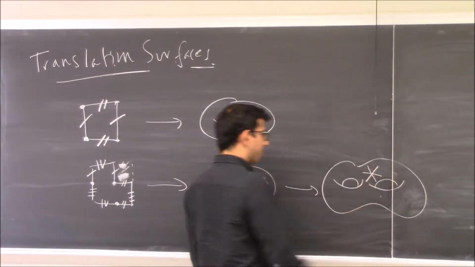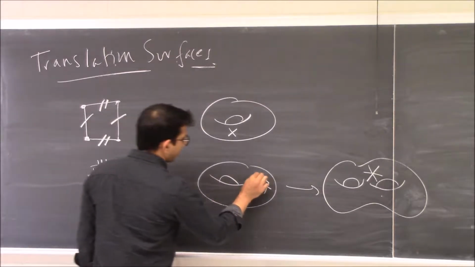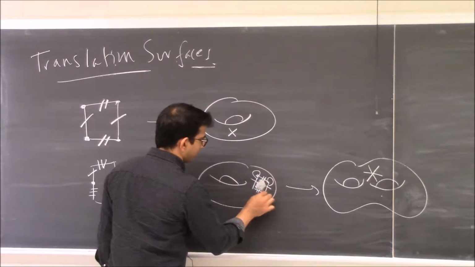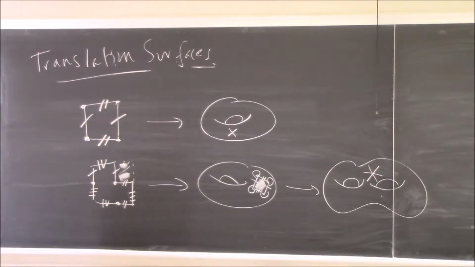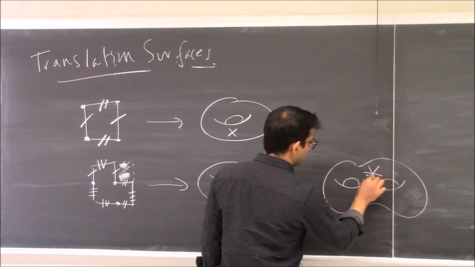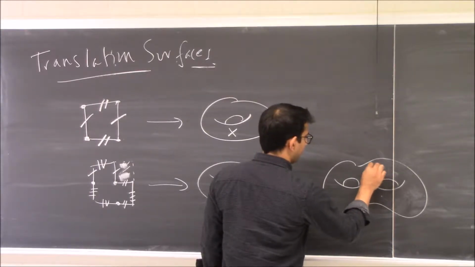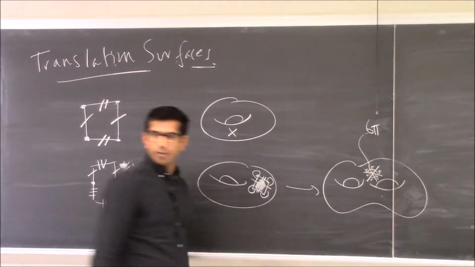But now there is a point that genuinely looks different from every other point. This point has angle 3 pi over 2. These 4 points all have angle 3 pi over 2 in the torus, and when I glue them together, I get this point. Each of these is supposed to be a pi, so this has total angle 6 pi at that point.